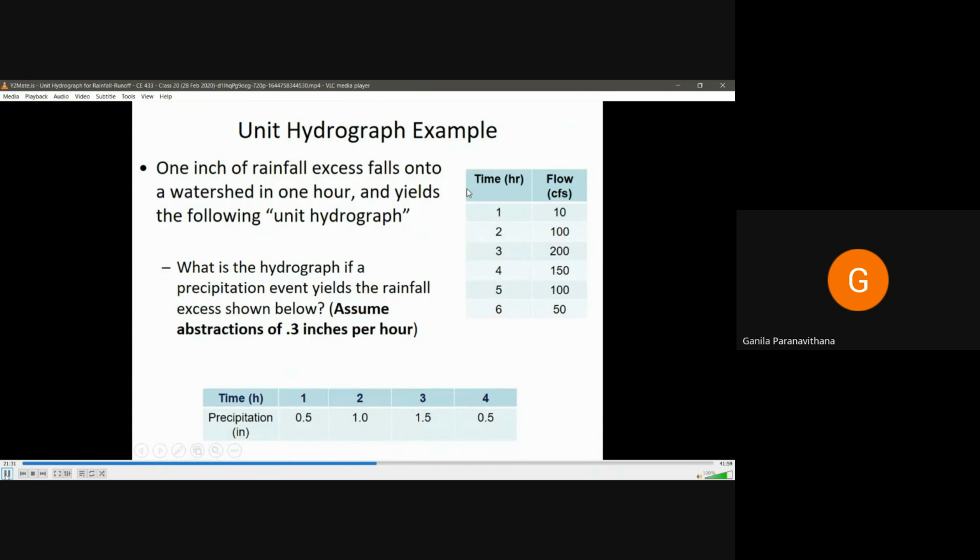So if you haven't already downloaded it in Excel, go get that template file, because what we're going to do is go through the process of creating a staggered unit hydrograph where there's an inch of rainfall excess that gives us this unit hydrograph, and then we know the precipitation amounts, and we're going to reduce them with the assumption that there are abstractions of 0.3 inches per hour. So just for purposes of simplicity, we'll set aside infiltration for now. We'll combine infiltration and abstractions together and assume it's linear, just so you can see the unit hydrograph part of it.